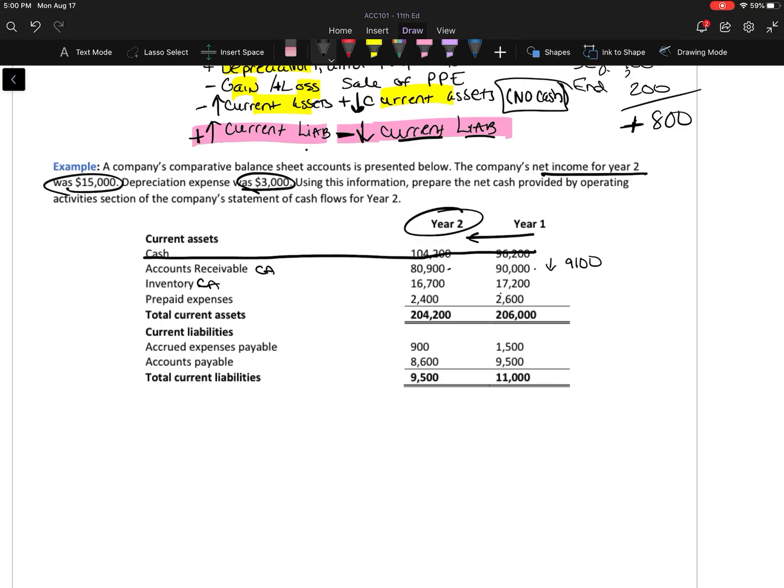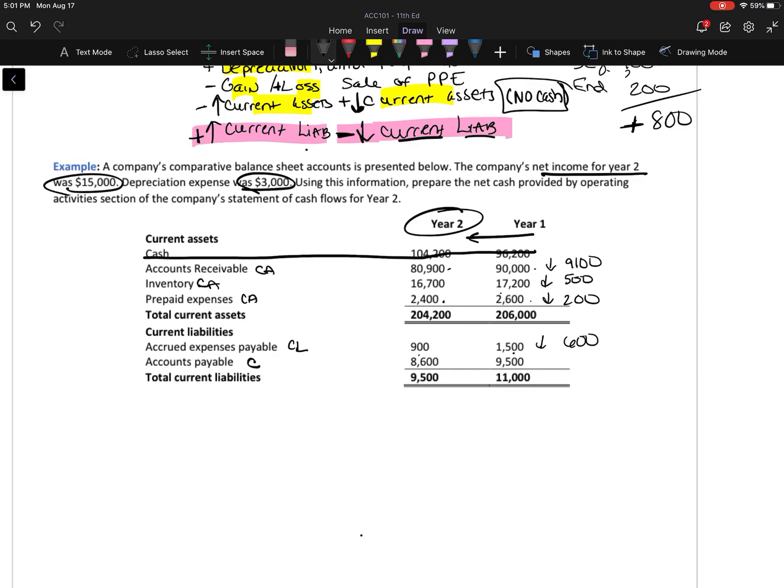So it decreased $9,100. Inventory, so these are both current assets, went from $17,200 down to $16,500, a decrease of $500. And prepaid expenses, another current asset, went from $2,600 down to $2,400, a decrease of $200. So we have 3 decreases in current assets.